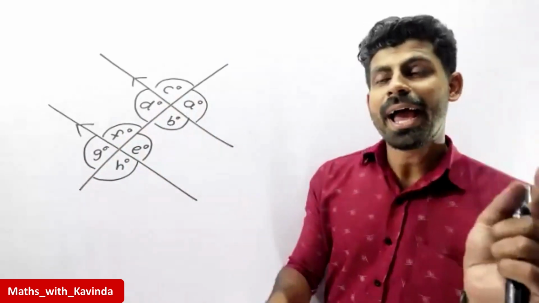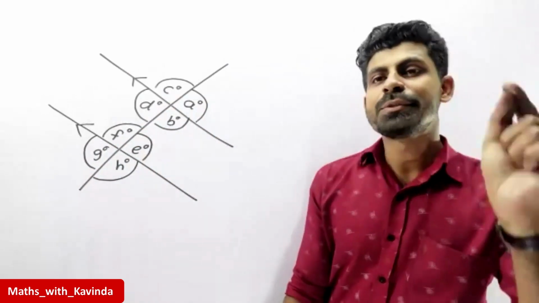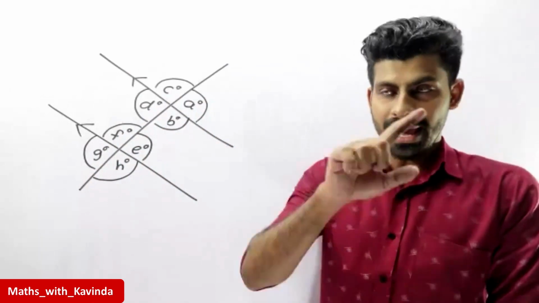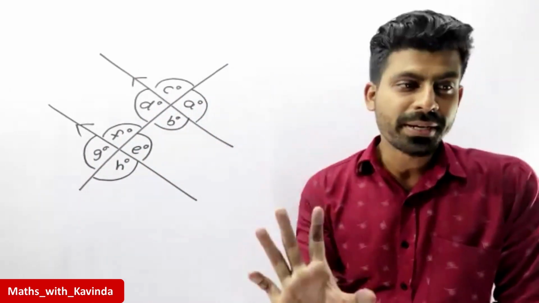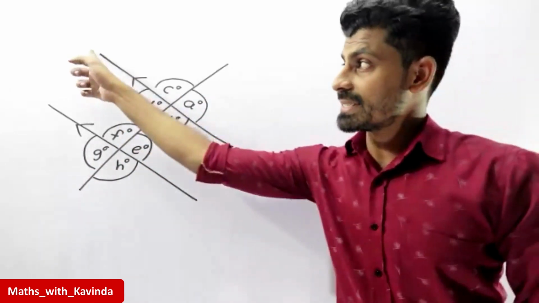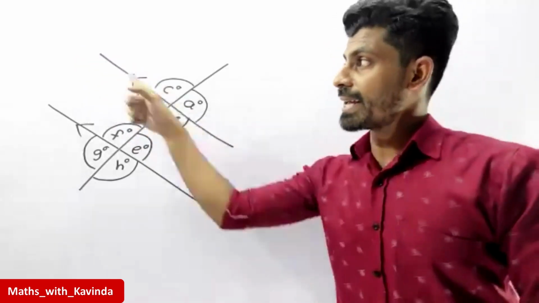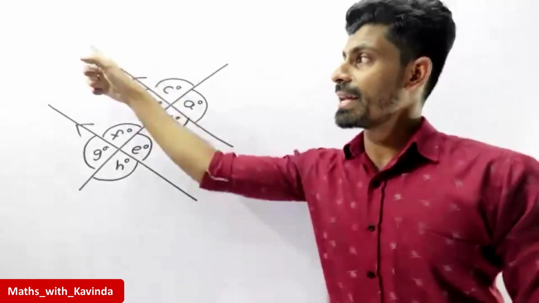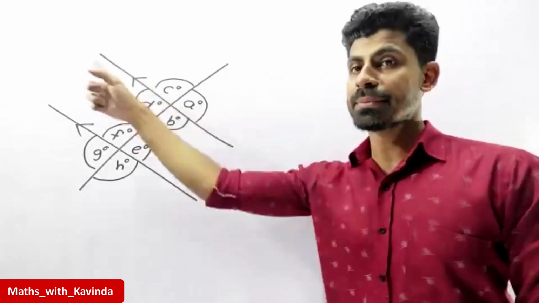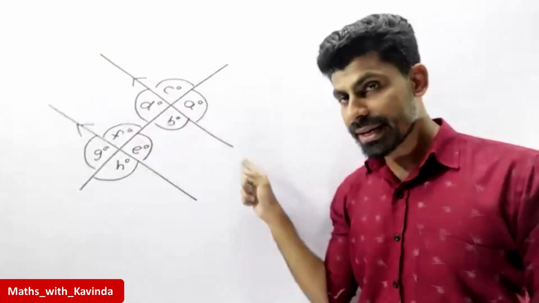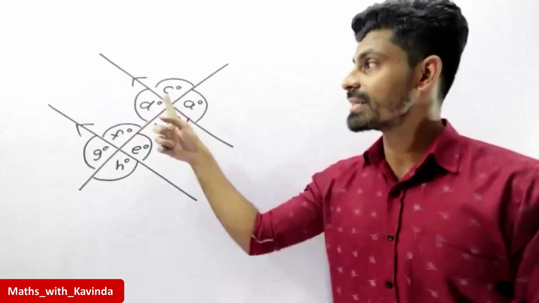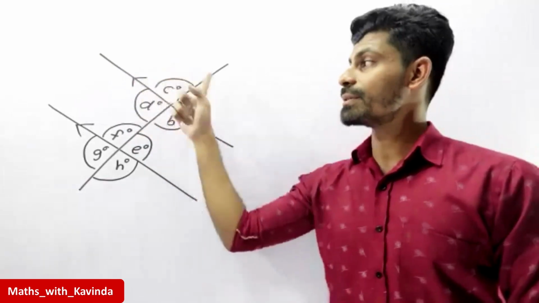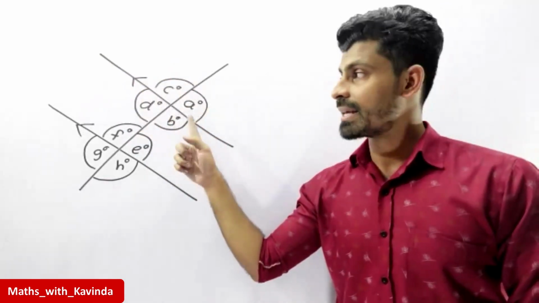First theorem: angles on a straight line add up to 180. Just consider this straight line. What are the theorems we can use? C plus A equals 180.